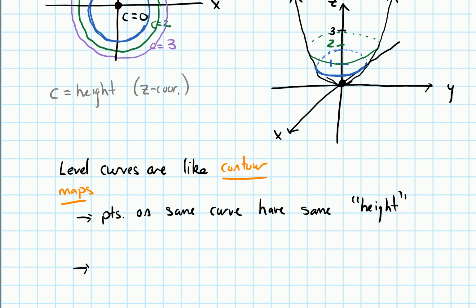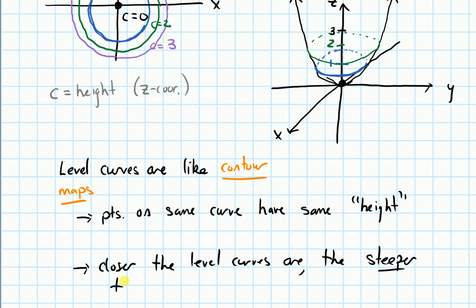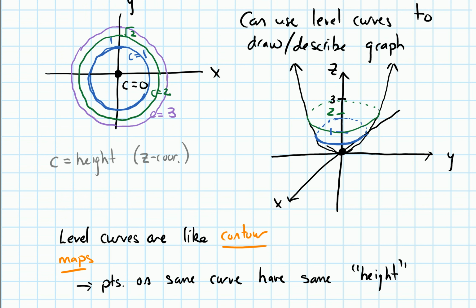Second key observation is the closer the level curves are, the steeper the graph is. Because that means my graph is changing in height more quickly. By me traveling a shorter distance, it's increasing the same height.